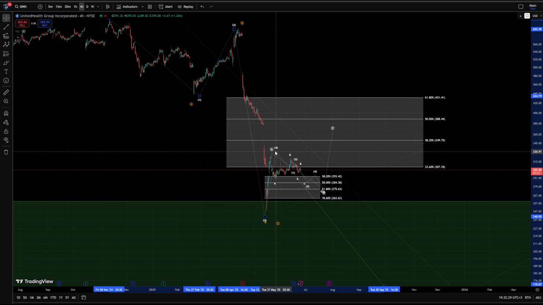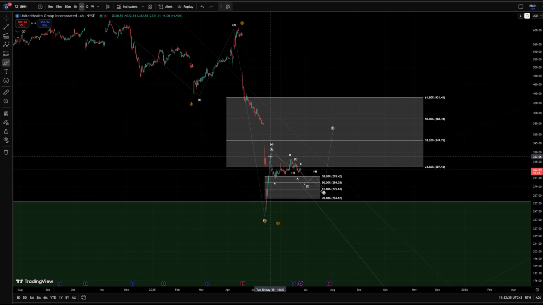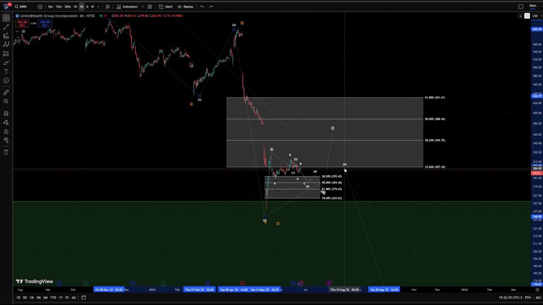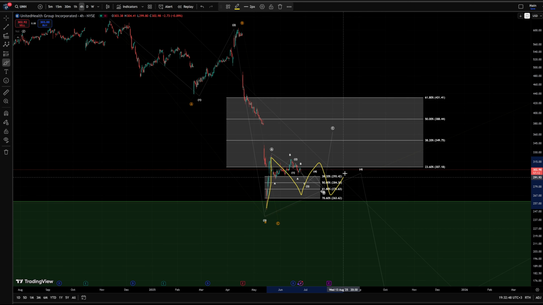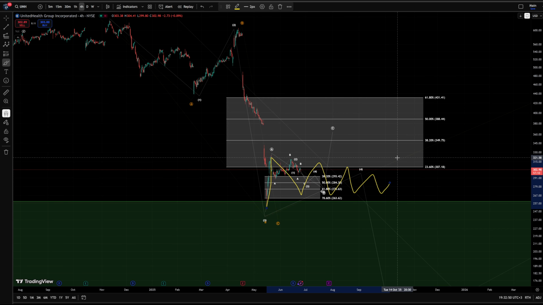I'm not dismissing the fact that, of course, it could have finished here and we are going more directly to the downside. There's also another possibility that we are forming a triangle in wave 4, where we are just going to consolidate in this region for quite some time.